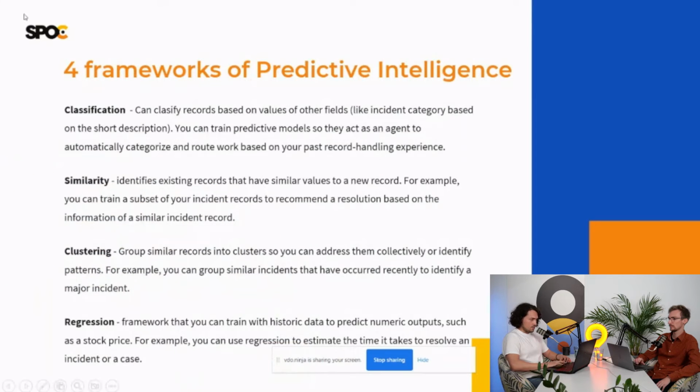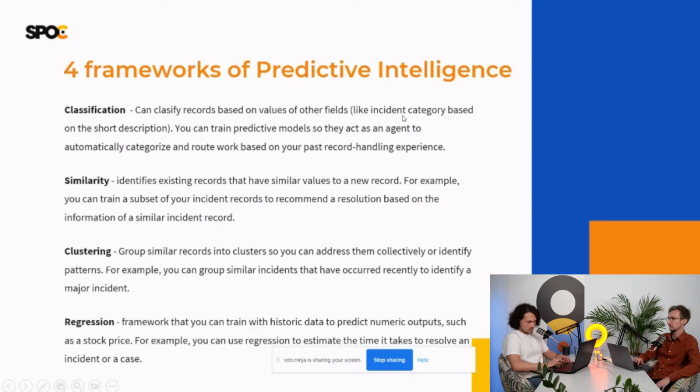As I said, 4 different frameworks inside of predictive intelligence are right out of the box: classification, similarity, clustering, and regression. Classification can allow you to easily classify, for example, a new incident record, again based on the historical data.